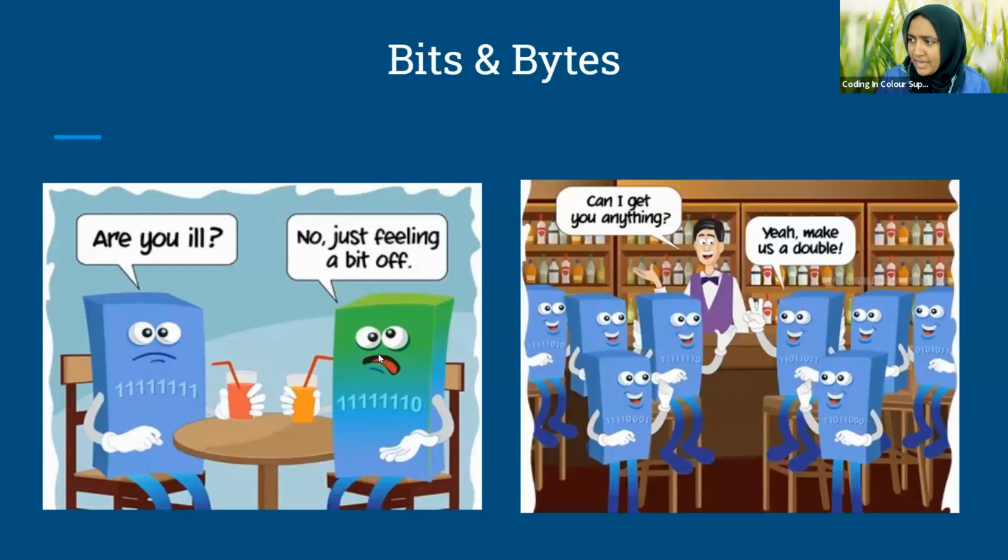So here's another one where if you put together 8 of these bytes, so these are 8 bits, and then you put 8 of those together, you get what's called a double, which is just a really, really long number. And depending on which ones are switched on and which ones are switched off, they're going to represent different numbers. So I don't want to get too far into the details, but just as an example, the number 1 would probably be represented by everything being set to 0 except for the last one being 1.